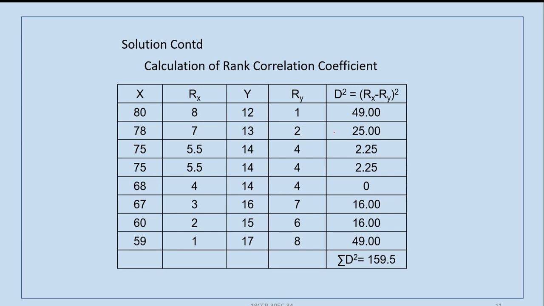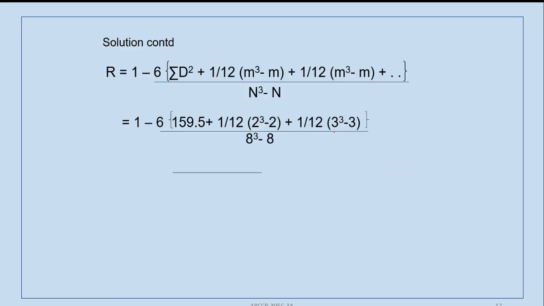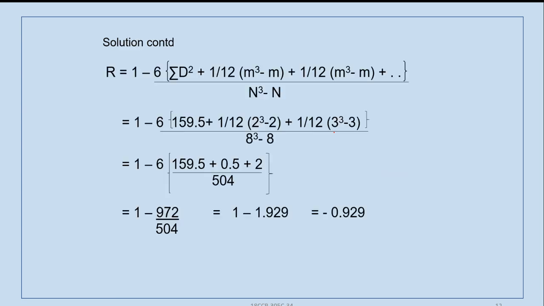Since repeated ranks are there, we have to add 1 by 12 into m cube minus m, for each case of repeated ranks.